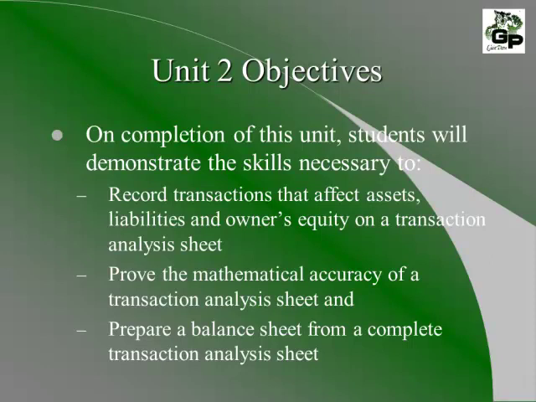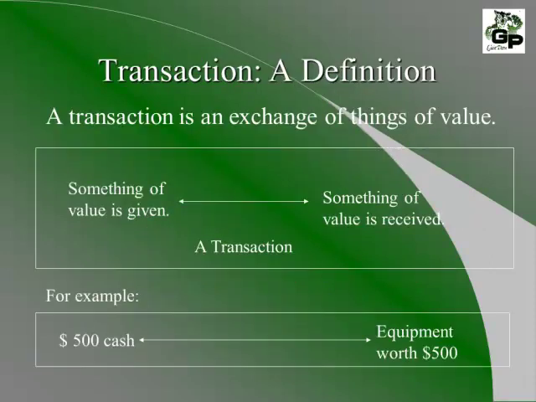First of all, we need to understand what is a transaction. A transaction is an exchange of things of value. Notice in this chart that something of value is given on the left, and on the right, in exchange for that, something of value is received.